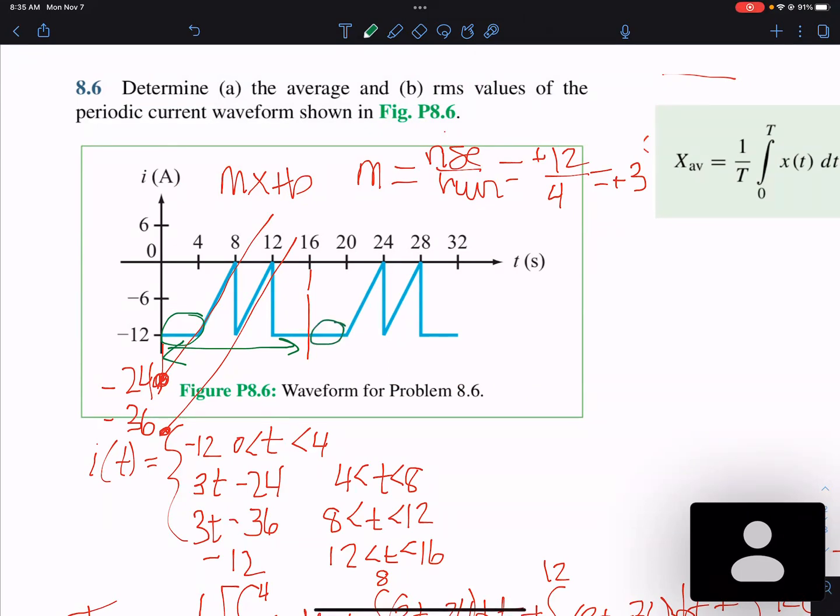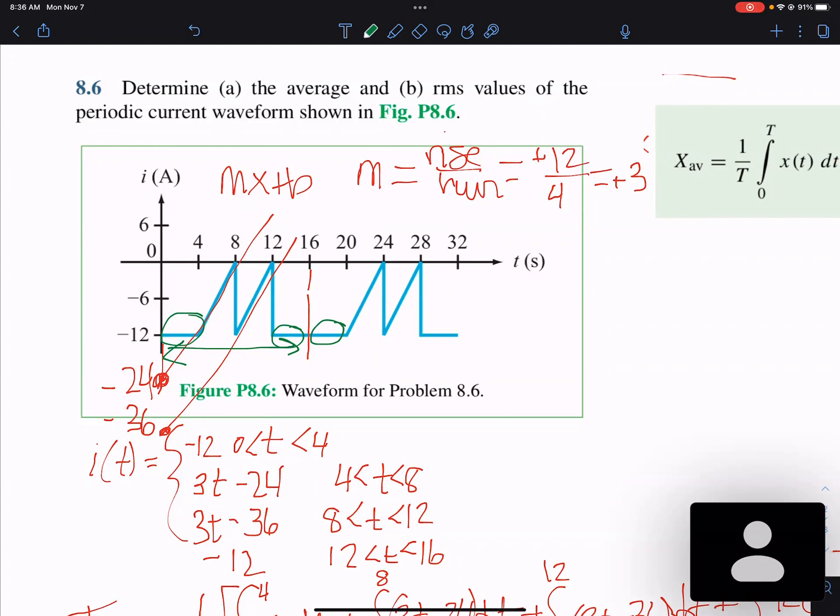And so you need to add on that portion at the end to make it periodic, because the periodicity is not from 12 to 24. Do you see that now?